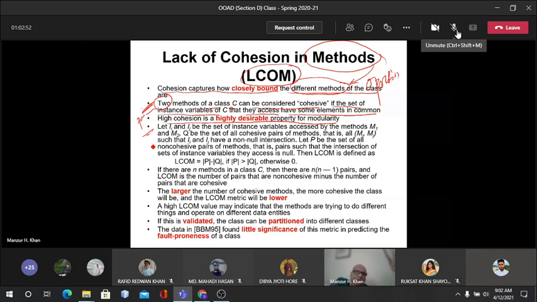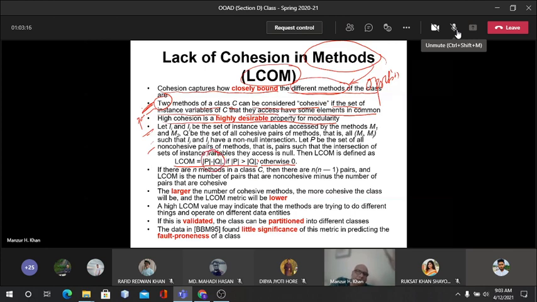LCOM is based on an equation. The equation is LCOM equals absolute value of P minus absolute value of Q if P is greater than Q. Otherwise, it is 0. So when the P value is greater than the Q value, then this equation is applicable.